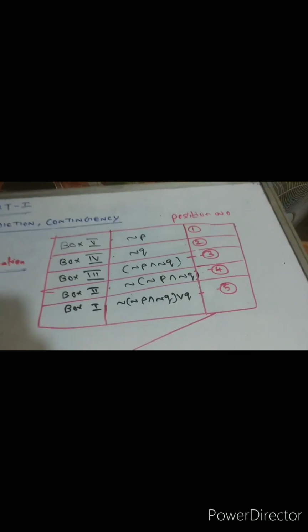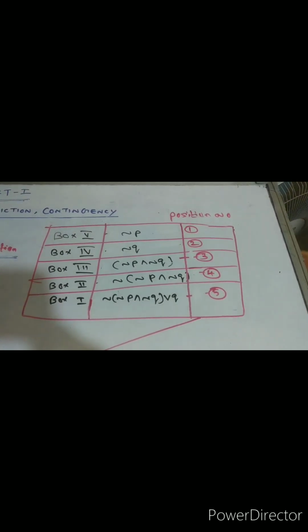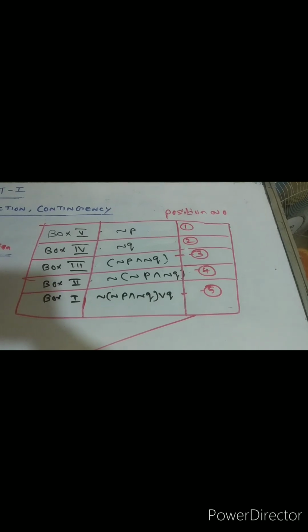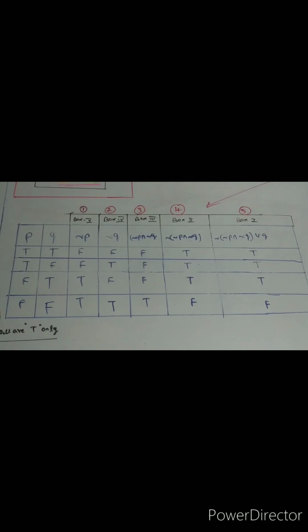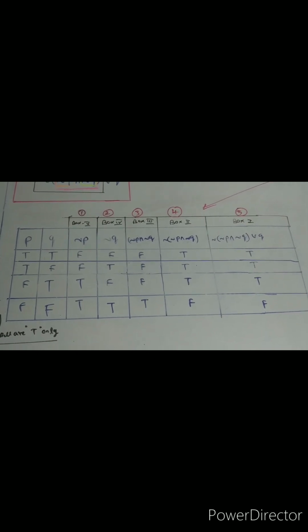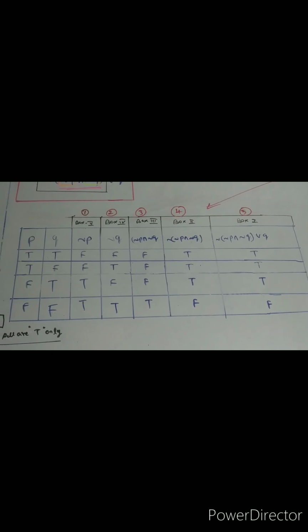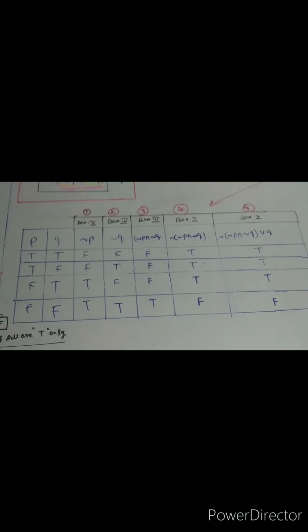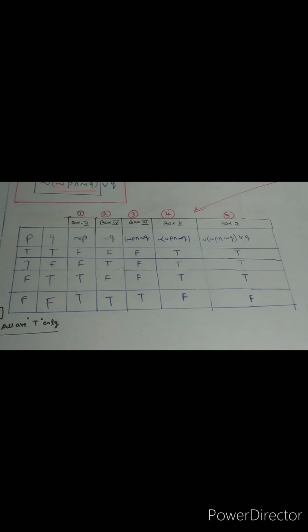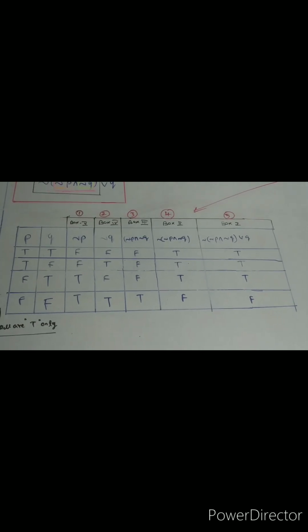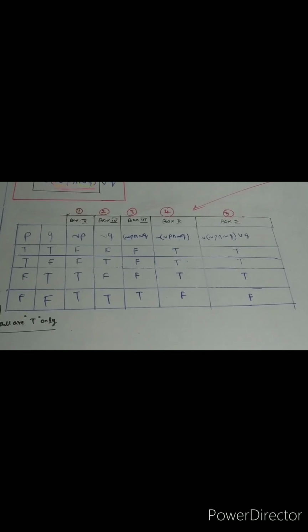I have written here box numbers 5, 4, 3, 2, 1, and in the same way position numbers 1, 2, 3, 4, 5. Like that we have to write here. We are getting the final answer. Position numbers 1, 2, 3, 4, 5 and box numbers 5, 4, 3, 2, 1. In the same way we have to do all the problems in statement pattern.